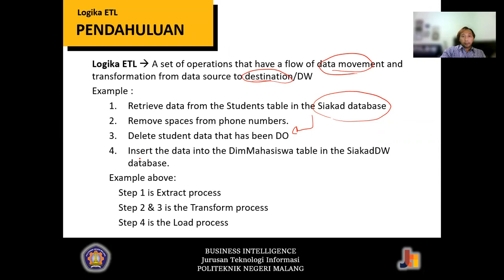So let's say we will do this activity. From the example above, we need several steps. The first step would be the extracting process, the second and third steps would be the transformation process, and the fourth step would be called the loading process.